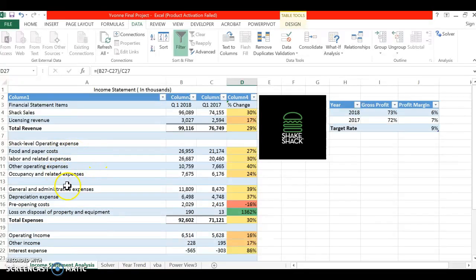And on the expenses side, the expenses are broken down into a few major categories.